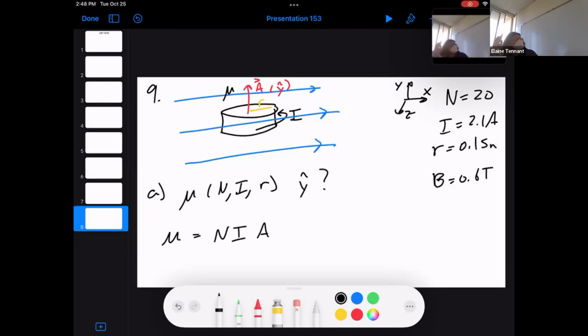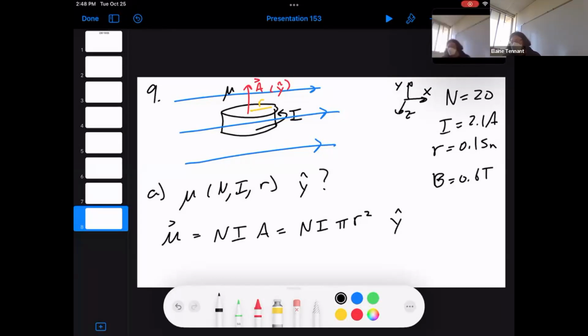N and I, I'm totally happy with, but we don't have the area. We have the radius of a circle. So what should we put in for this area? Pi r squared. So this will be N I pi r squared in the y hat direction. Everyone pretty happy with that? Okay. For part B, you're just going to plug in numbers. And for part C, you say it's upward because it's in the y hat direction.